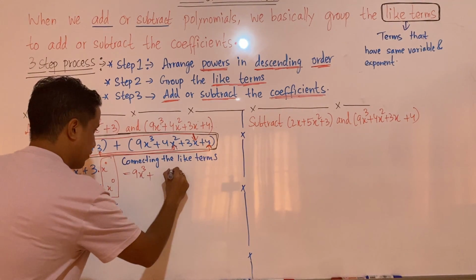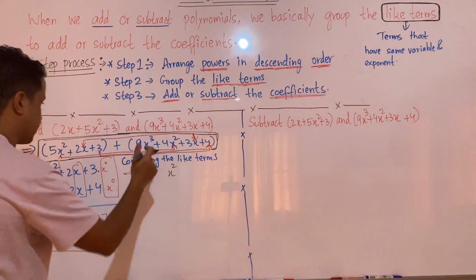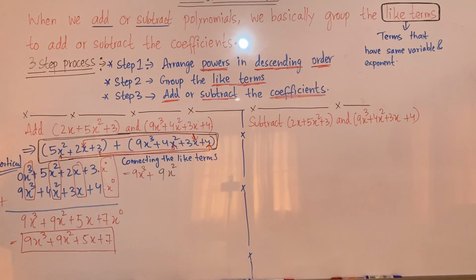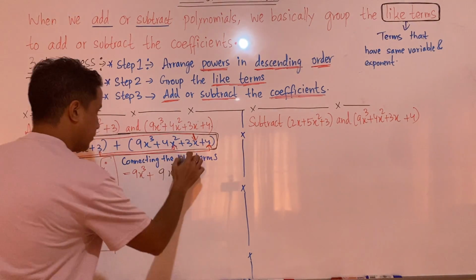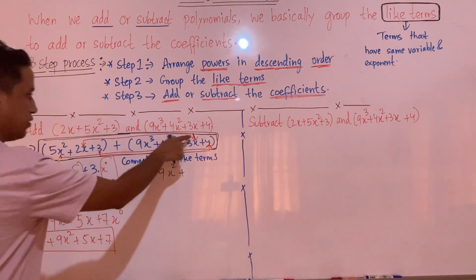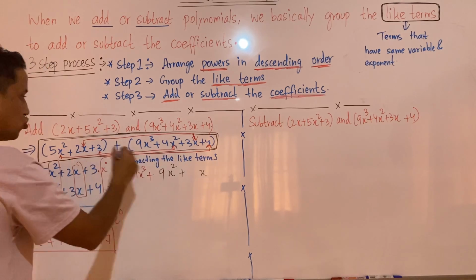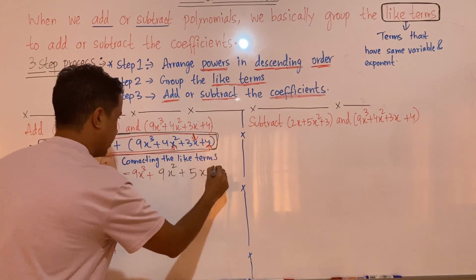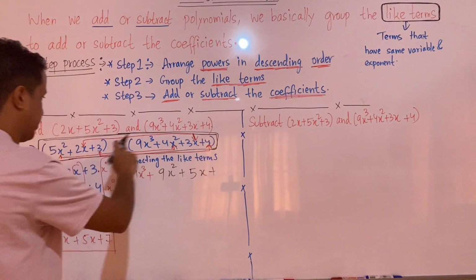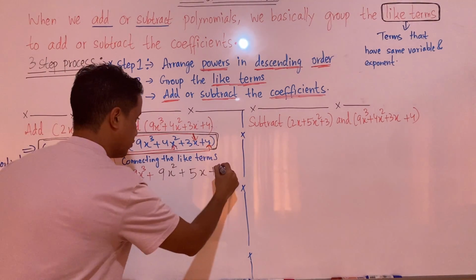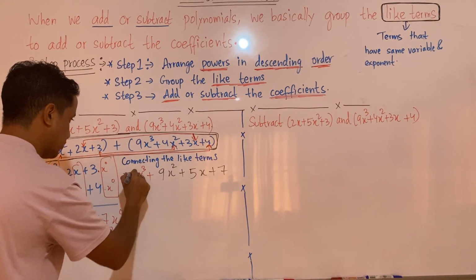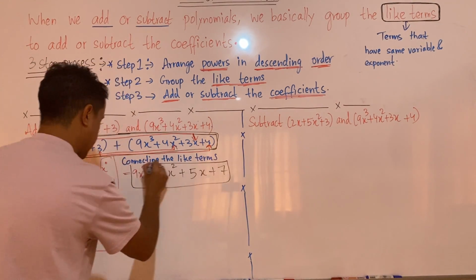Then x squared, 5 plus 4, 9x squared, right? Then I will take the x common from these like terms, 2 plus 3, 5x, and then x0, 3 plus 4, 7. Okay, so this is going to be the answer.